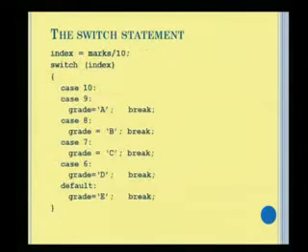For 9 and 10 we are giving grade A, and we break the statement. If my case is 8, then grade B will be given, and if my case is 7, grade C, and if my case is 6, grade D, and the default grade, for students who are getting below the passing marks, is E. E defines the grade for students who fail the examination.